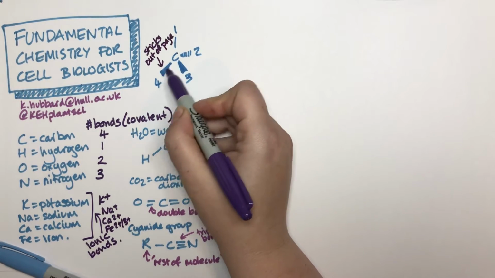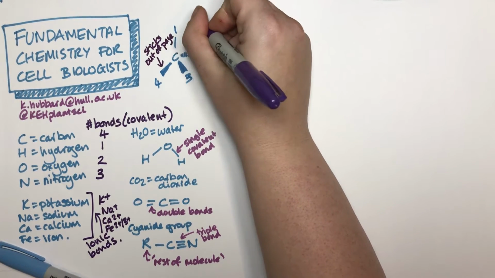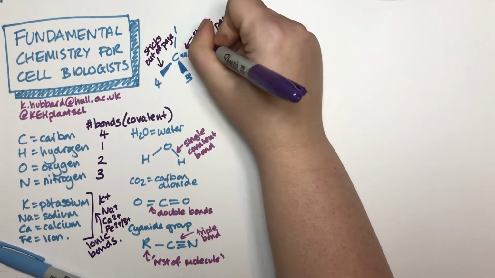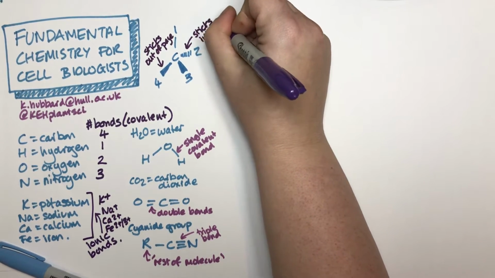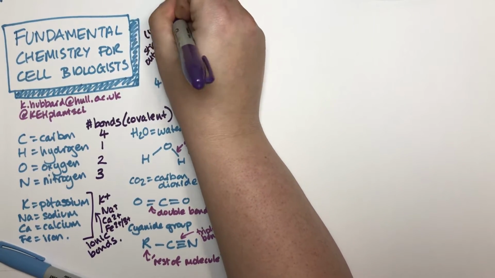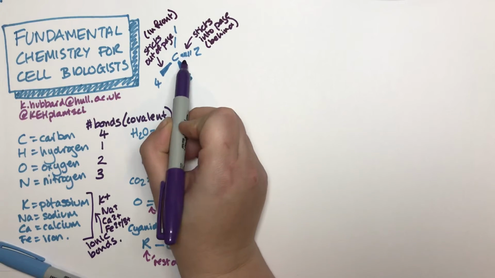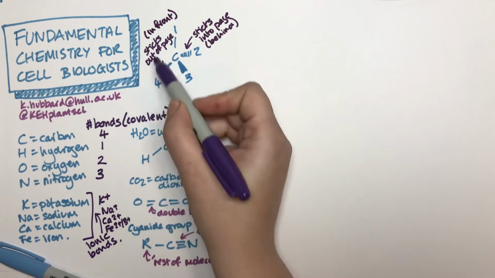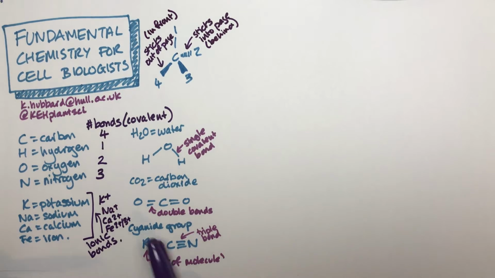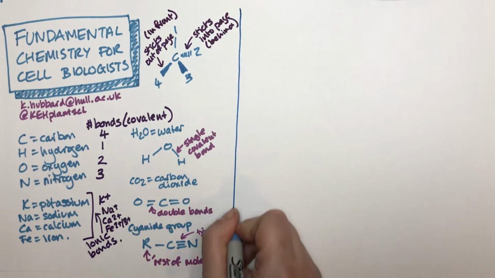In this case, 4 is sticking out of the page, and 2 sticks into the page, i.e. goes behind, whereas group 4 was sticking in front. So the dotted lines mean it's going behind the atom, and the little triangles mean it's sticking out in front of the atom. Okay, so those are some key notations for you.